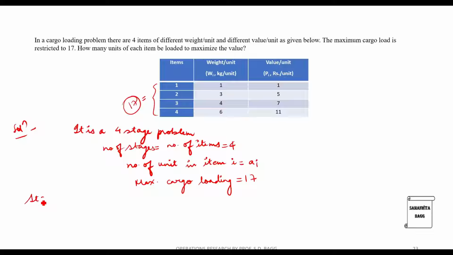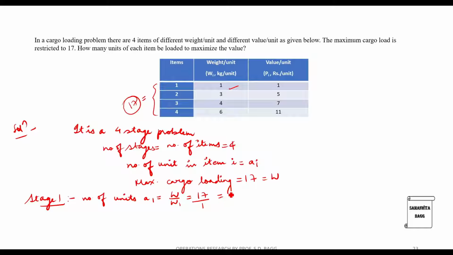Now when I talk about stage 1, the number of units Ai will be A1. It is calculated as W upon W1. Now W is this value 17 upon W1, that is the weight for the first item, which is 1. You can see over here.